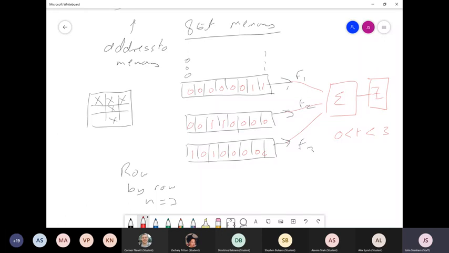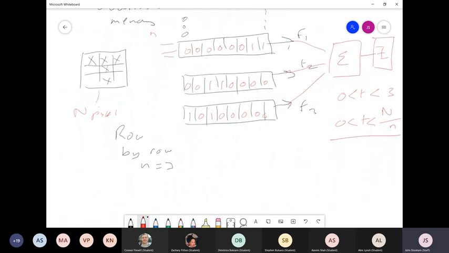Or in the general case, n, where n is the number of pixels. And little n is the n tuple size, n over n. So that is the structure. It's parallel. It's fast. It only needs a single pass in training.